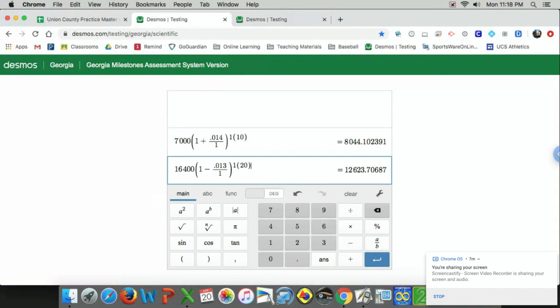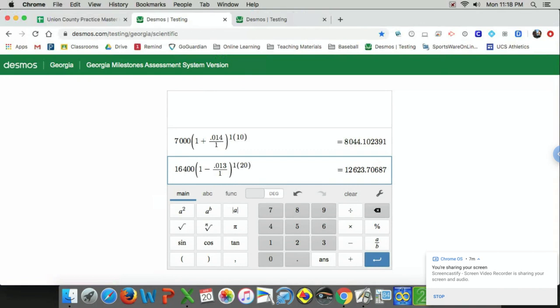12,623.7. But remember, we are not dealing with decimals here since we are talking about human beings. So we are going to round it up, though, because the 7 is larger than 5. So our answer is going to be 12,624.